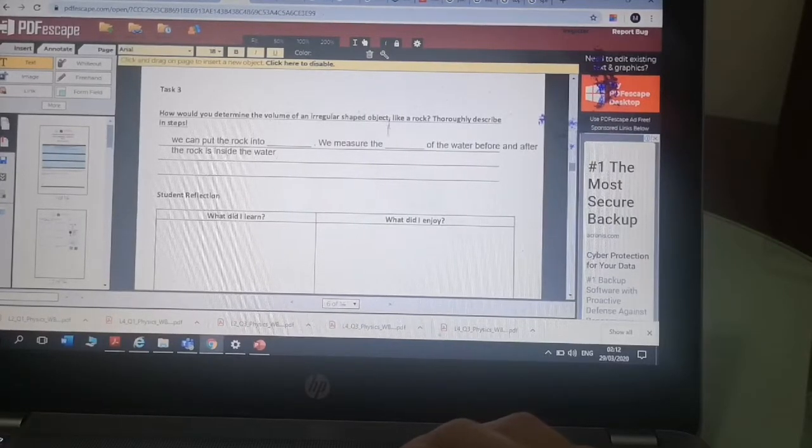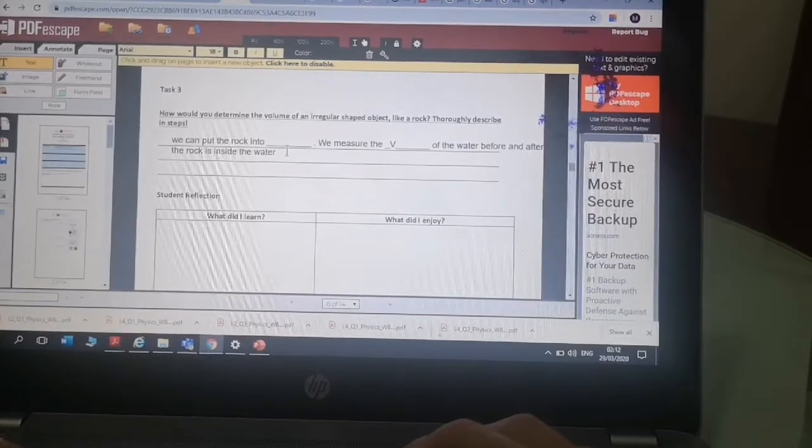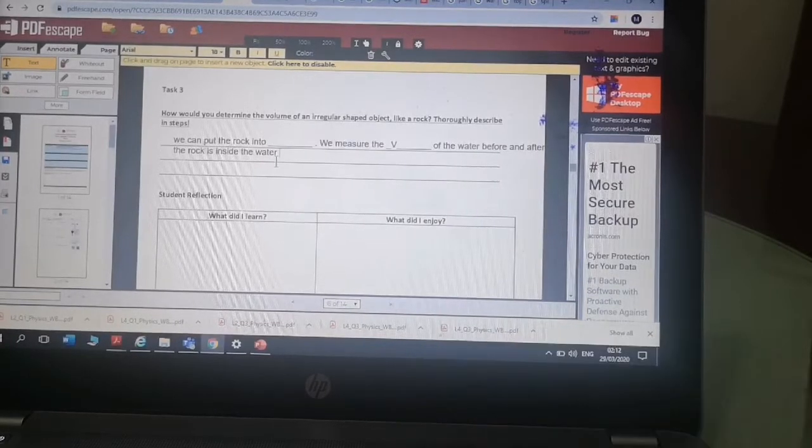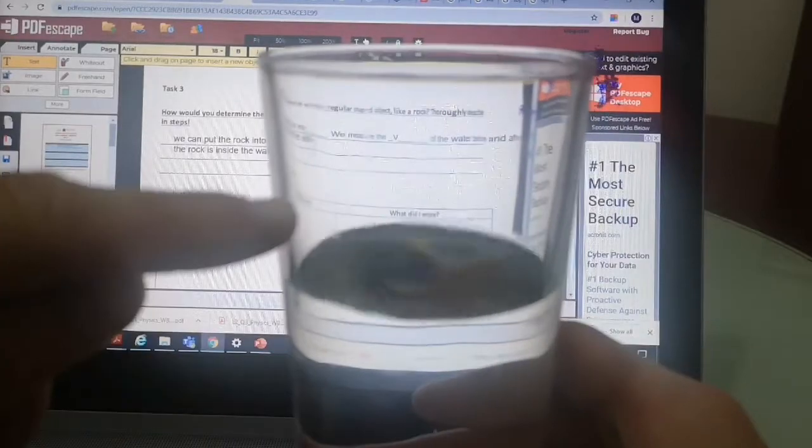So you could say height, I suppose, but really the key word for the lesson, what we're trying to define, goes here. Alright? Begins with V. So we can put the rock into water, we measure the something of the water before and after the rock is inside. So we measure it here and then we measure it here.